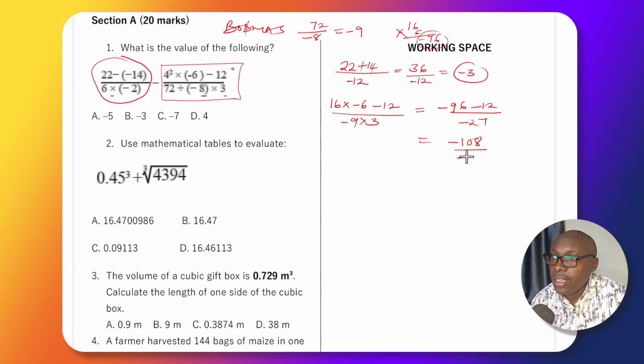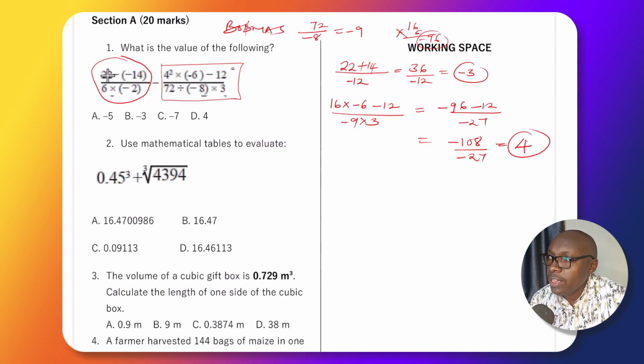Then divide by negative 27. You can see for this one, you're dividing a negative by a negative, and so you are likely to get an answer that is positive. Negative divided by a negative will give positive. So 108 divided by 27 will give positive 4.